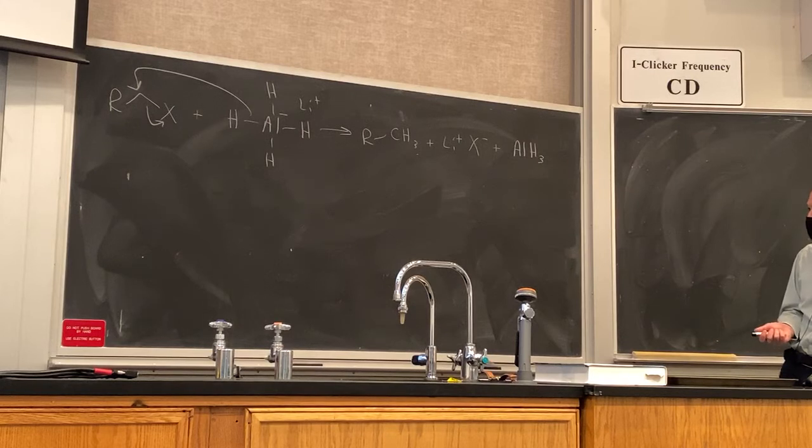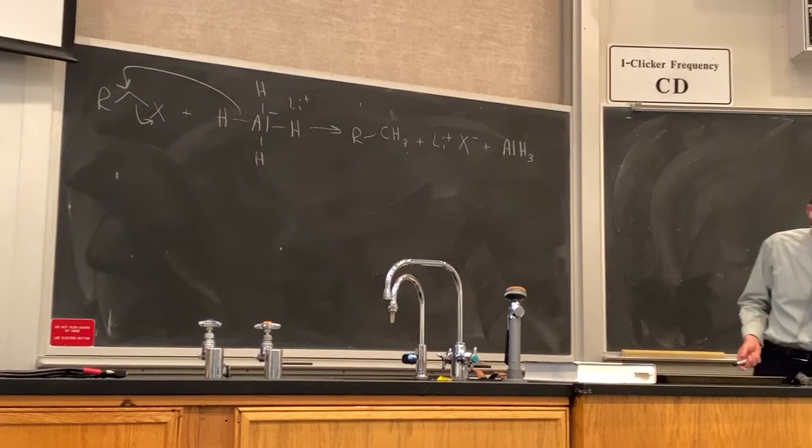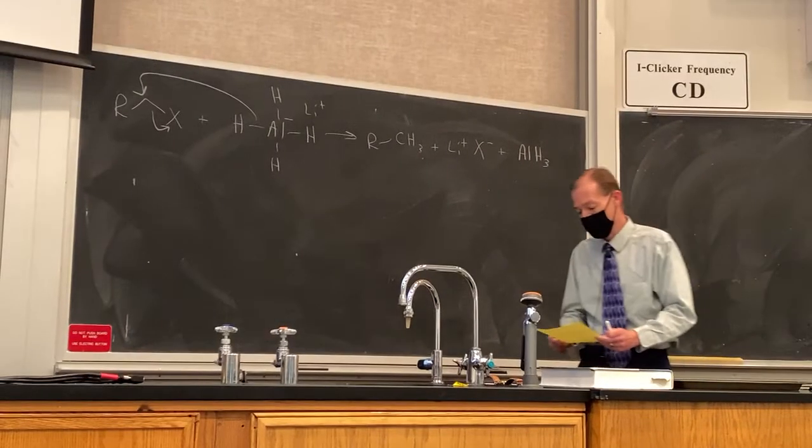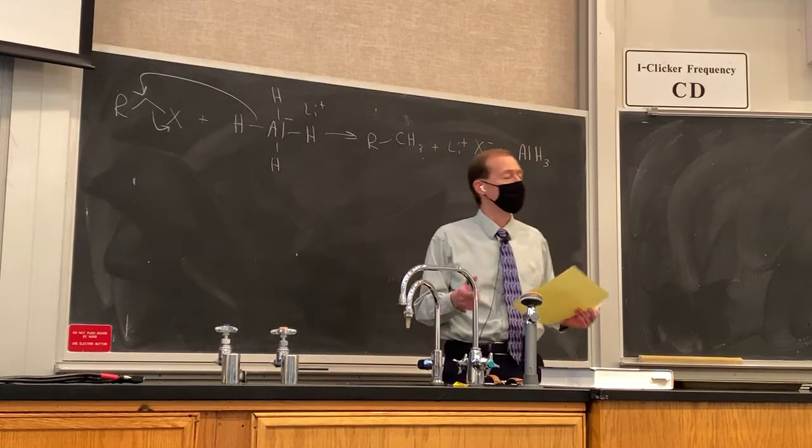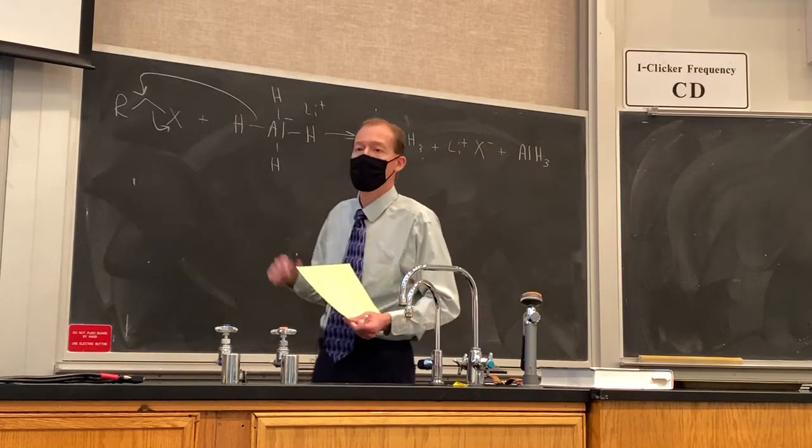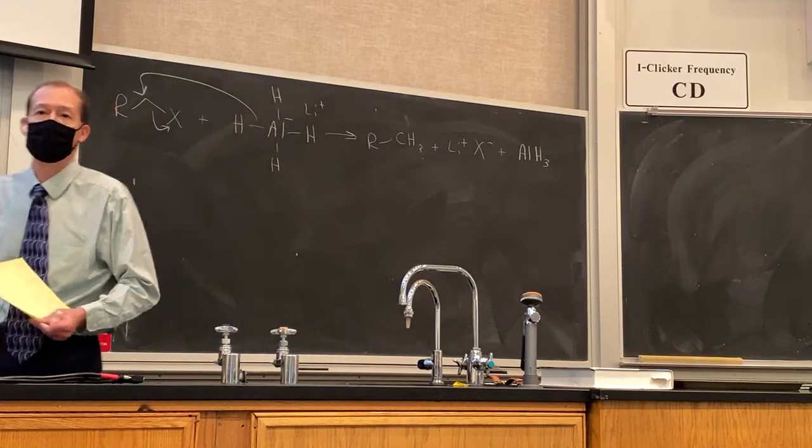So this is the mechanism for the reduction of alkyl halides. And since it's just an SN2 reaction, we know that the less substituted alkyl halides will react faster. Primary alkyl halides will react faster than secondary alkyl halides. Since our lithium aluminum hydride is a strong nucleophile, the hydride part of it is a strong nucleophile, when we're opening an epoxide, would we expect the hydride to attack the more substituted carbon or the less substituted carbon?